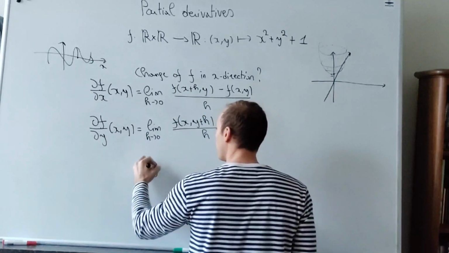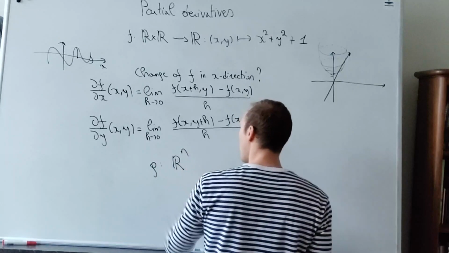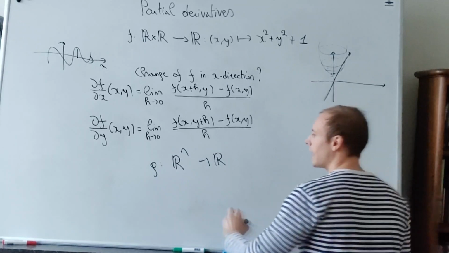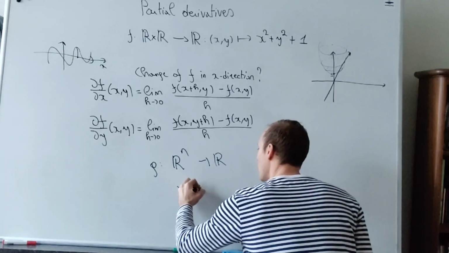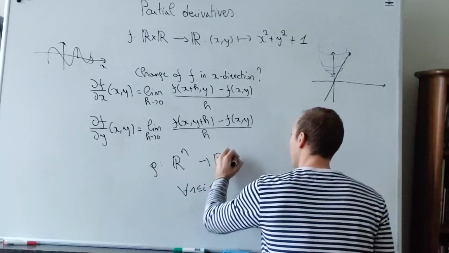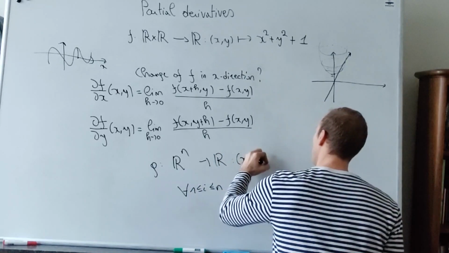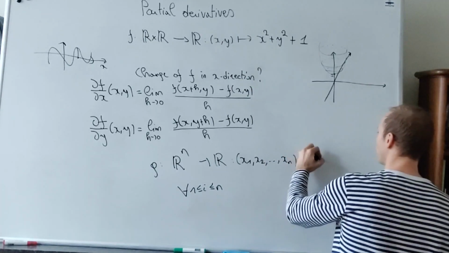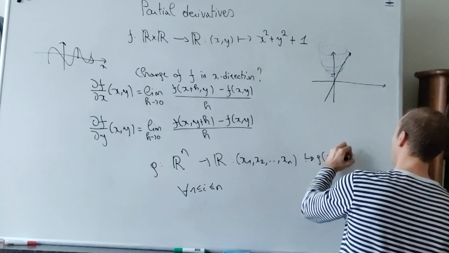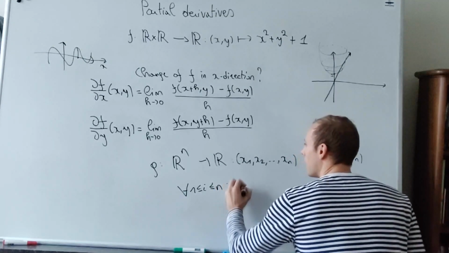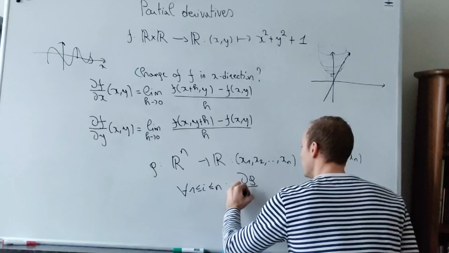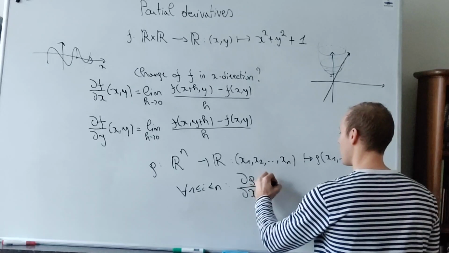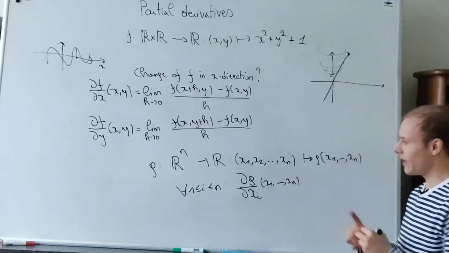And of course I can do this for functions with two inputs. But I can also take a look at functions going from R to the power n to R. If I denote its inputs as an n tuple x1 until xn, let's say just g of x1 to xn, I can take a look at the partial derivative of this function g in each of the n directions.